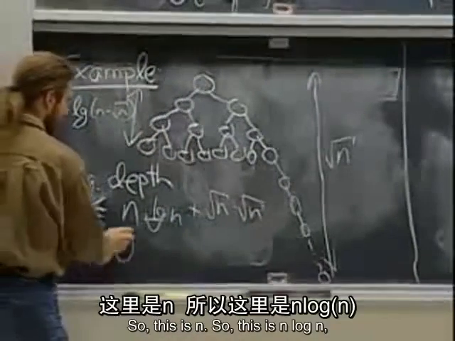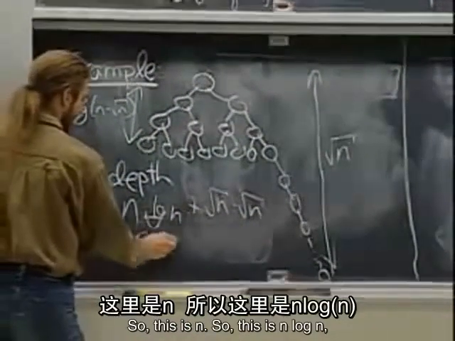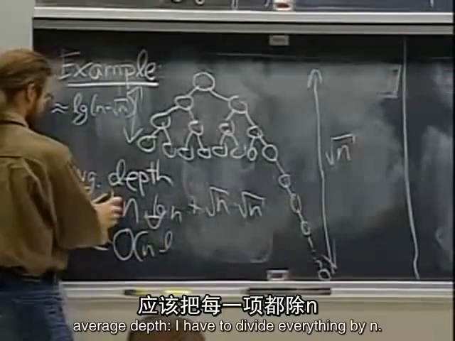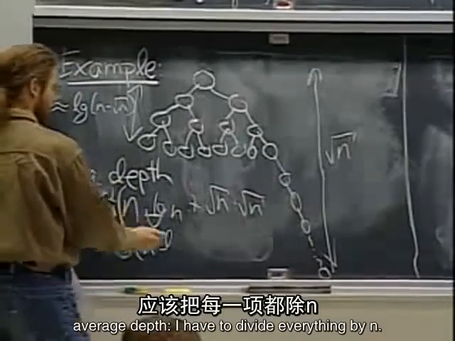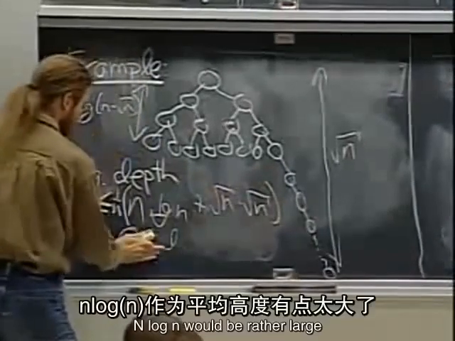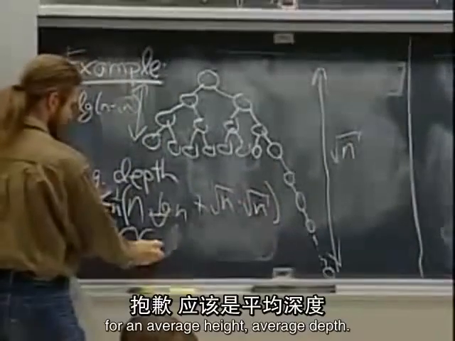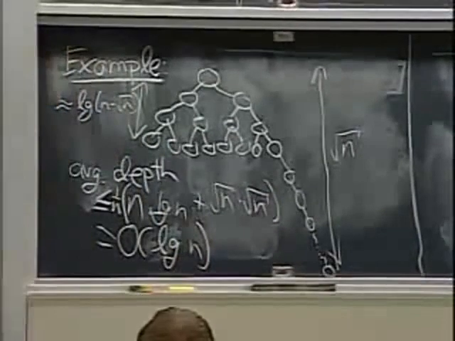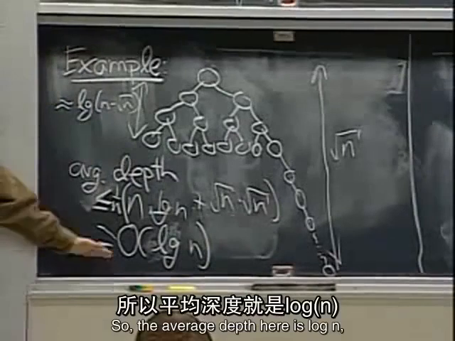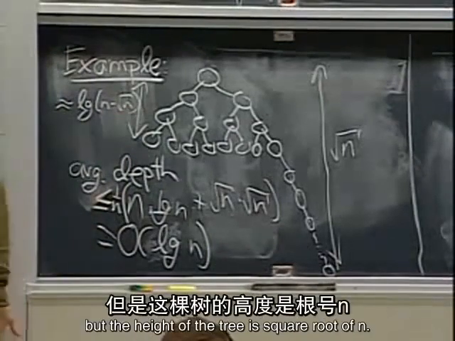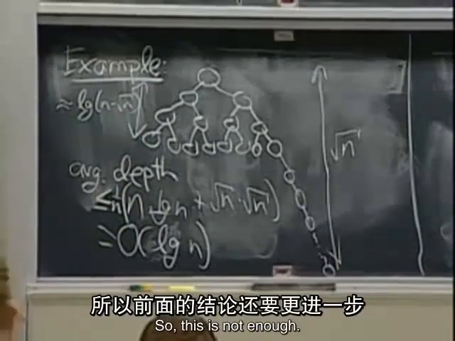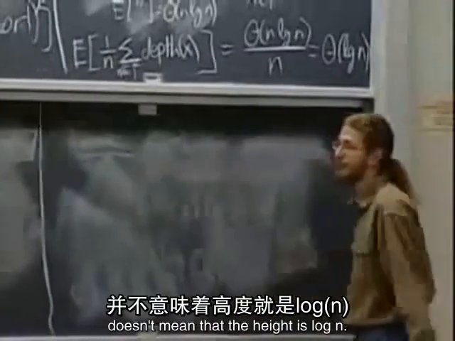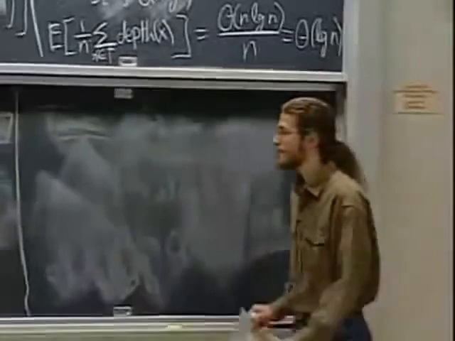So this is n. So this is n log n, or sorry, average depth, I have to divide everything by n. N log n would be rather large for an average depth. So the average depth here is log n, but the height of the tree is square root of n. So this is not enough. Just to know that the average depth is log n doesn't mean that the height is log n.